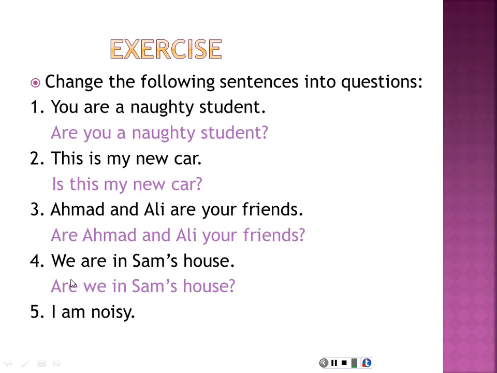Again we replace places. And the last one, am I noisy? So this is the exercise. I hope it is easy for you. Now in the next page we will talk about how to make negative.